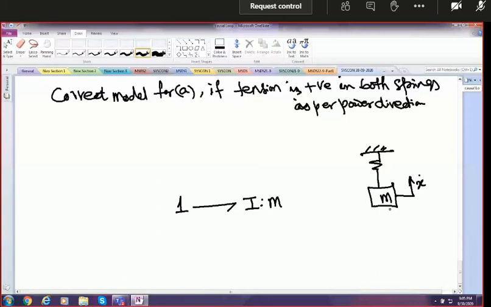Whatever is x dot, that is the extension of spring 2. We may put a zero junction if required. P2, K2. That's fine. So if this is x dot, the flow here is the same x dot, the flow here is the same x dot.